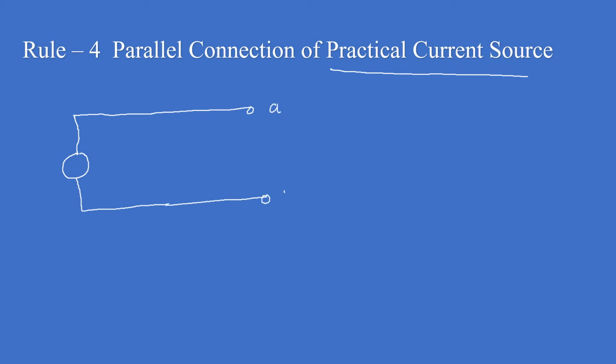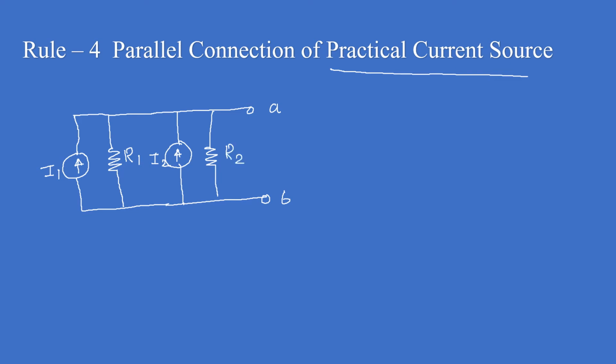This is a two terminal network AB. This is the first current source, so I will give its internal resistance as R1 and its value of current as I1. Similarly, I will consider the second current source whose value is I2 and its internal resistance is R2.